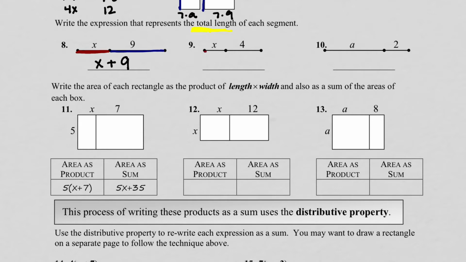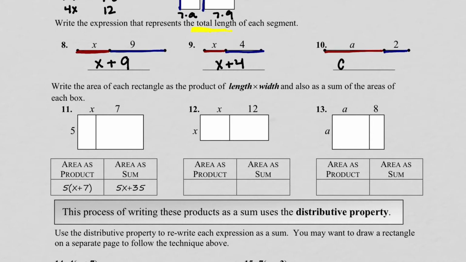All right. Again, I've got a space called x, and I've got a space that measures 4 all together. Right. And then finally that last one, I've got this space called A, and I want to know the total of what it is when I put it with this space that measures 2.